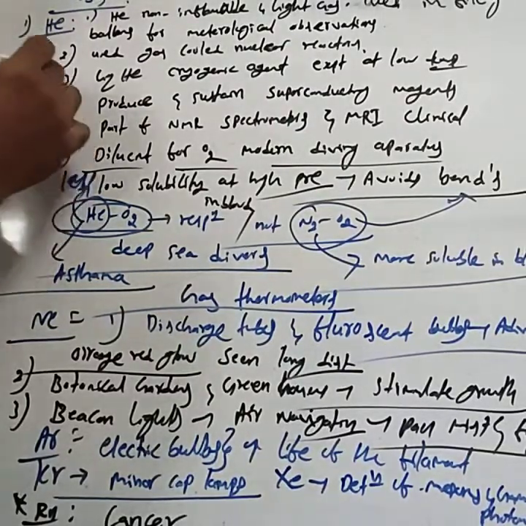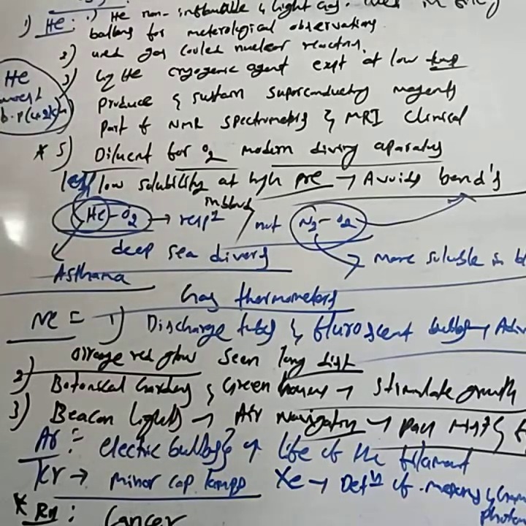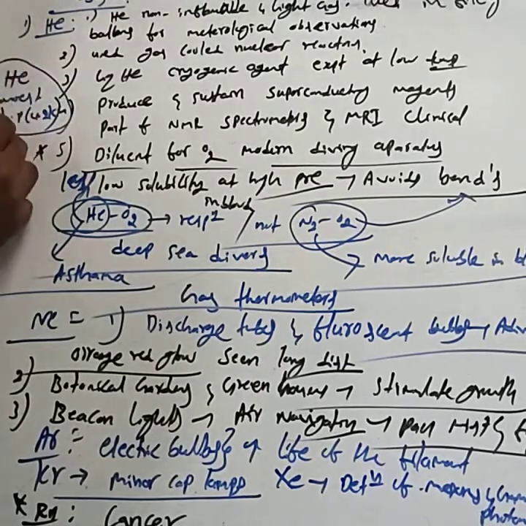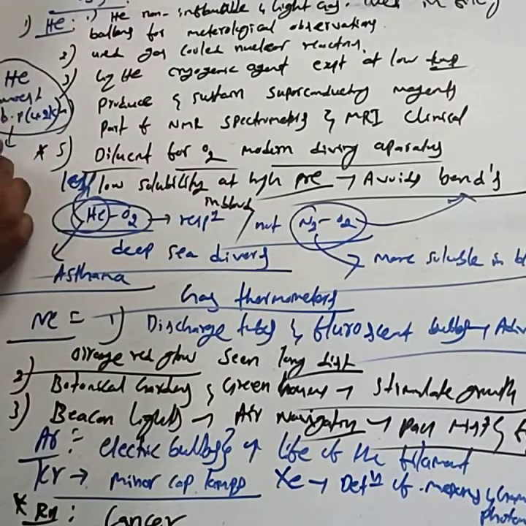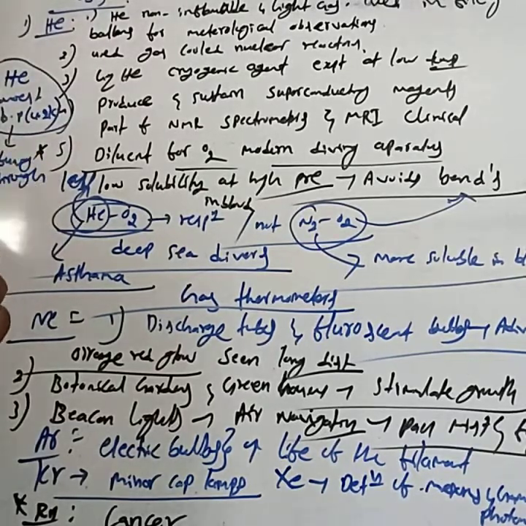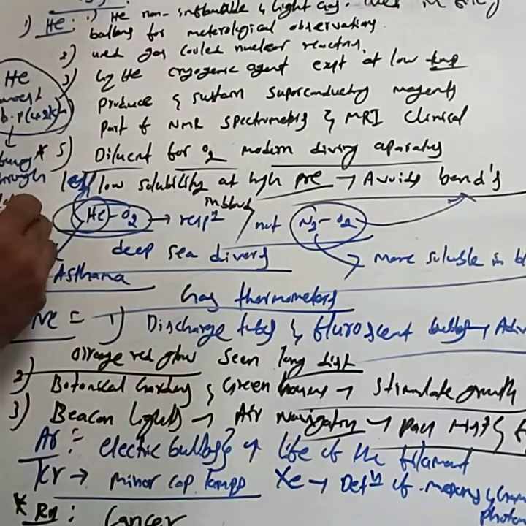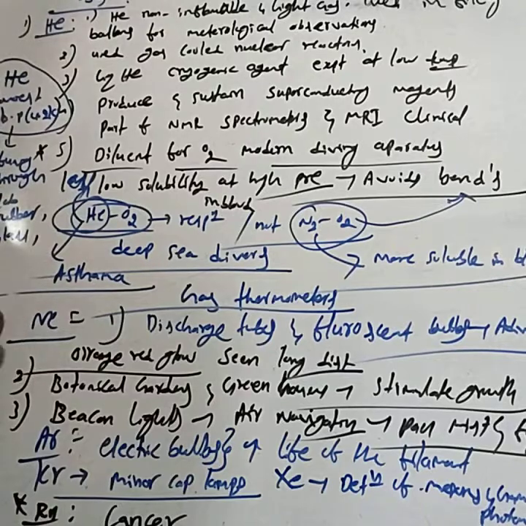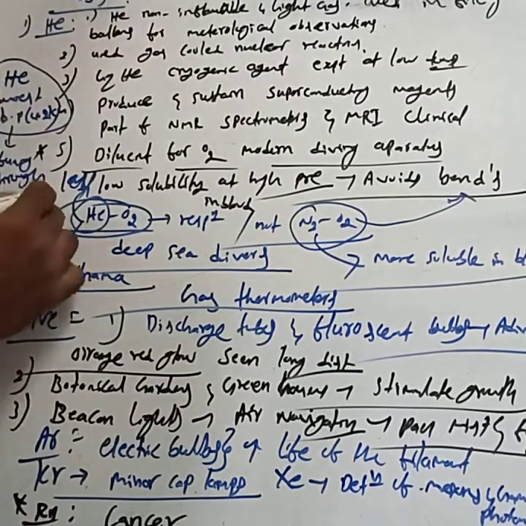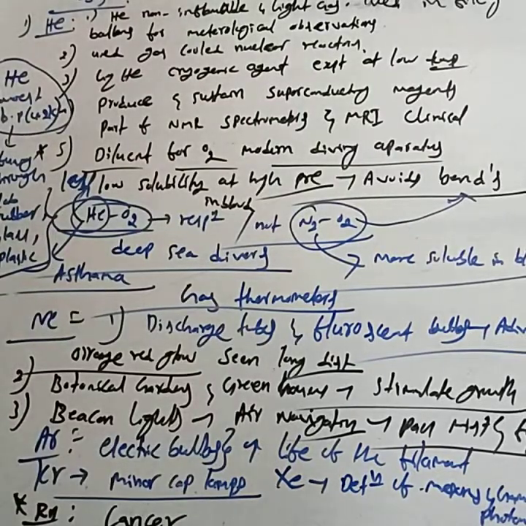It also has an unusual property of diffusing through commonly used laboratory materials like rubber, glass and plastic.